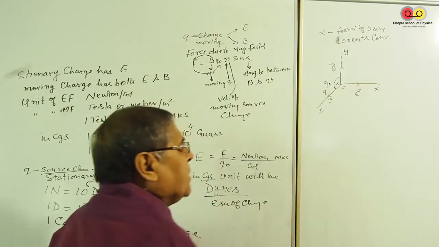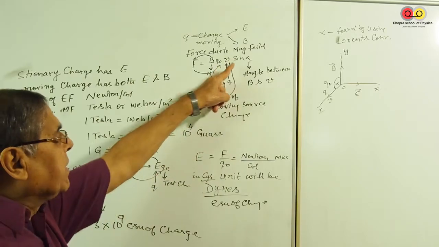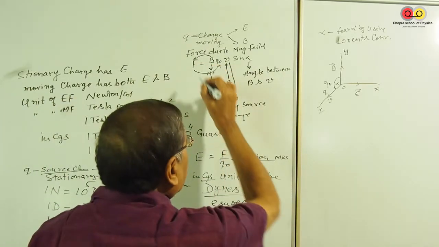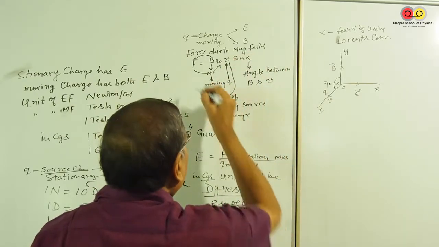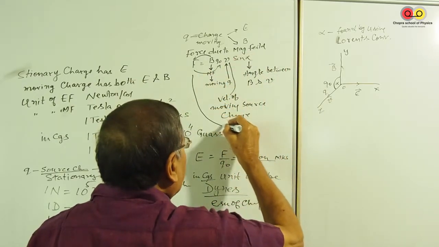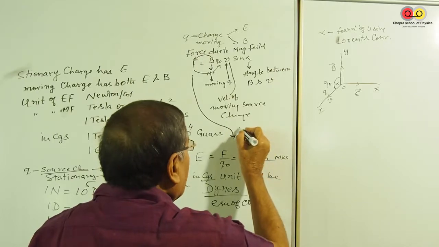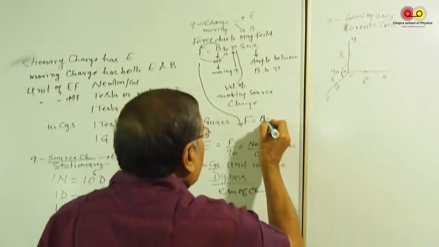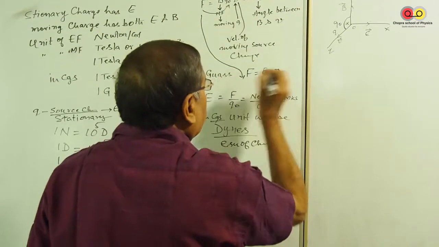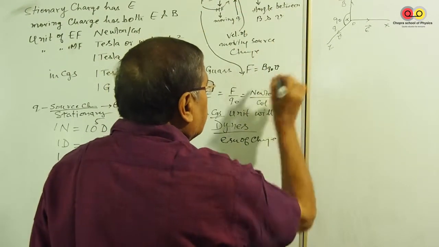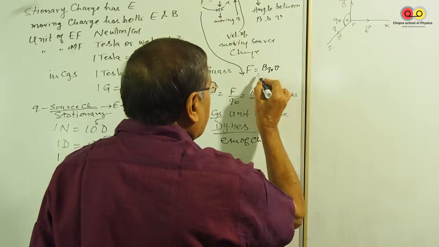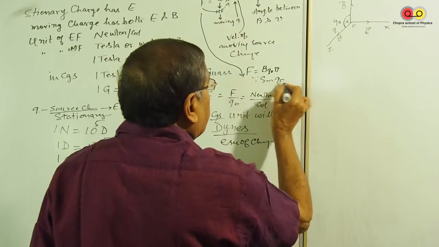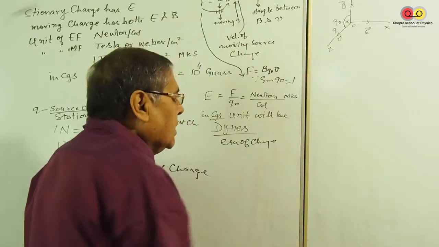So when no angle is specified, angle will be taken as 90 degrees, and then we can write the force according to this equation. This equation can be written as F is equal to B Q naught V, because alpha is 90 degrees, because sine 90 is 1.